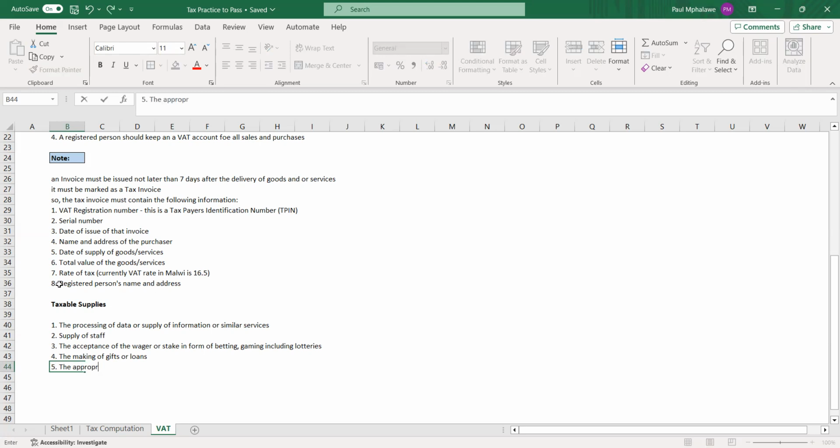The appropriation of goods for personal use or consumption, okay, by the taxable person or by any other person.